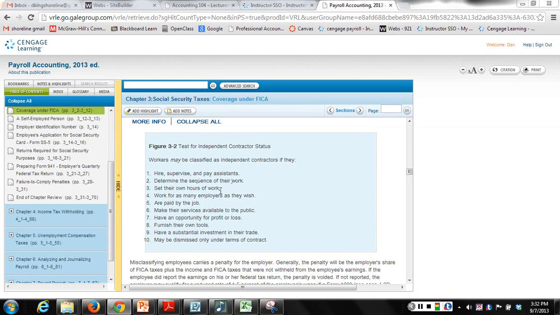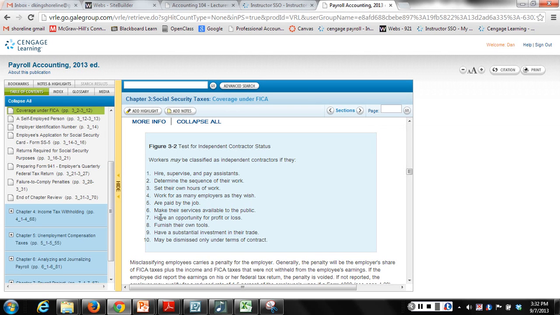They set their own hours. They work for multiple employers. They're not exclusively working for one employer. They're paid by the job. They'll do this work for others besides the employer they're currently doing work for. The general public can hire them and use them.